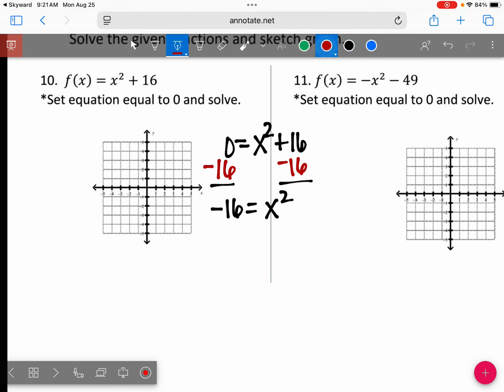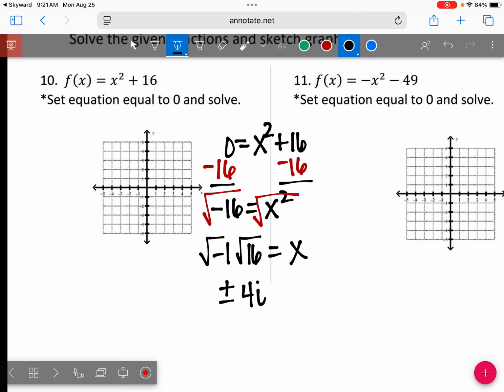And then we're going to take the square root. So this will be negative 1 times 16 equals x squared. So you should get that x equals plus or minus 4i. Who had that for their answers? Again, you're just going to draw a smile that doesn't come down far enough.